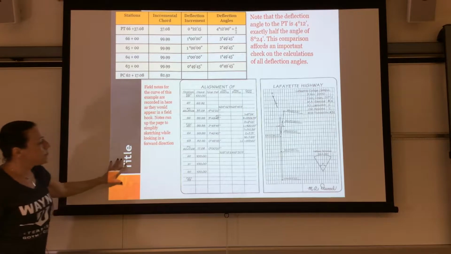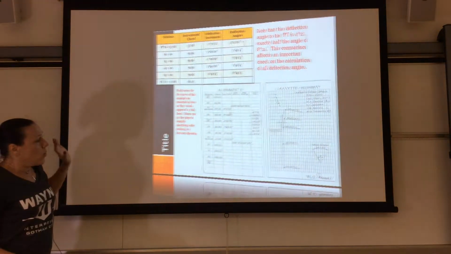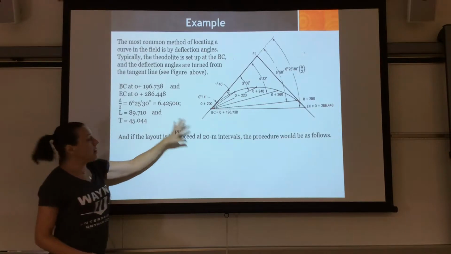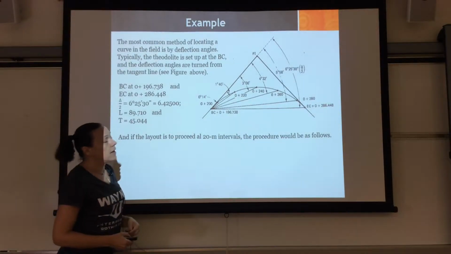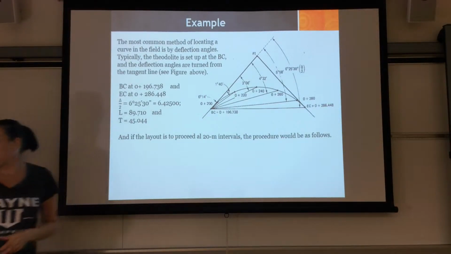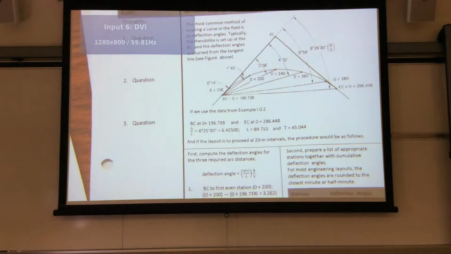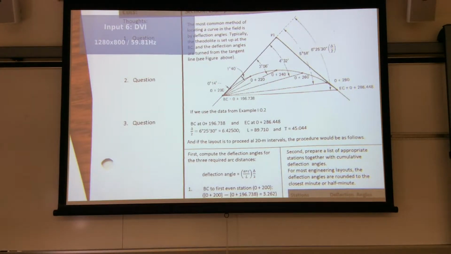All right, now with that, here is another example. It's again in the PowerPoints, and it's also in the lecture notes. Let me show you here in the lecture notes. This is an example of locating the curve.